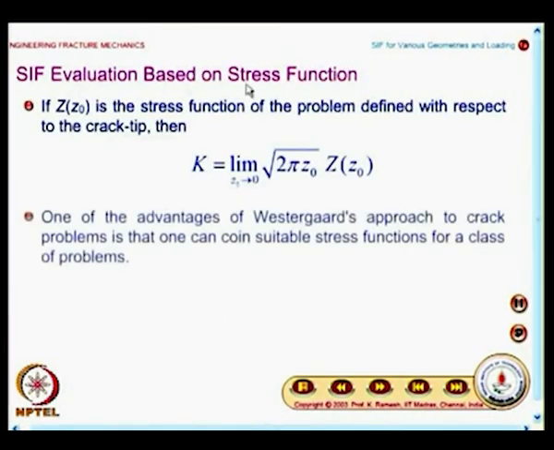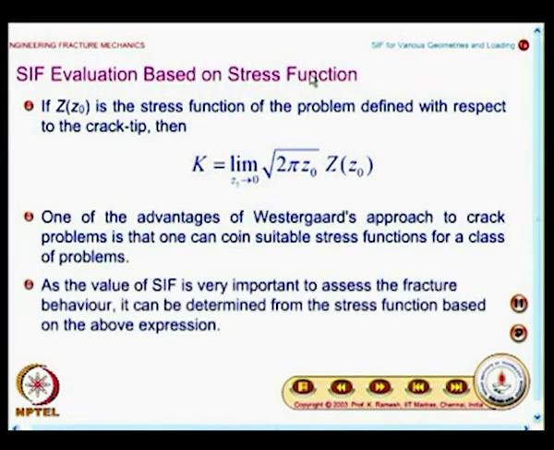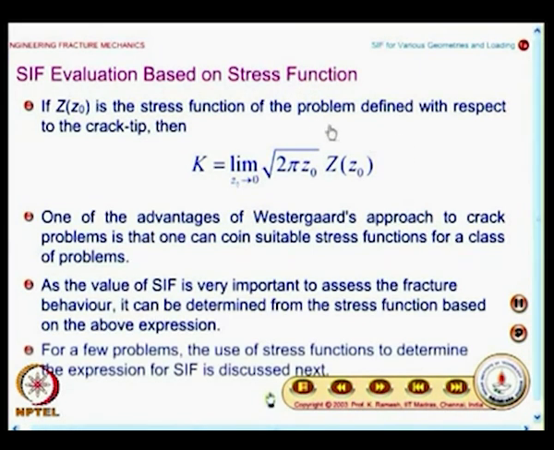evaluation of SIF based on stress function. And you have to recall, we have already defined the stress intensity factor in terms of the stress function capital Z. So you have this as limit z naught tends to 0, root of 2 pi z naught multiplied by Z of z naught.